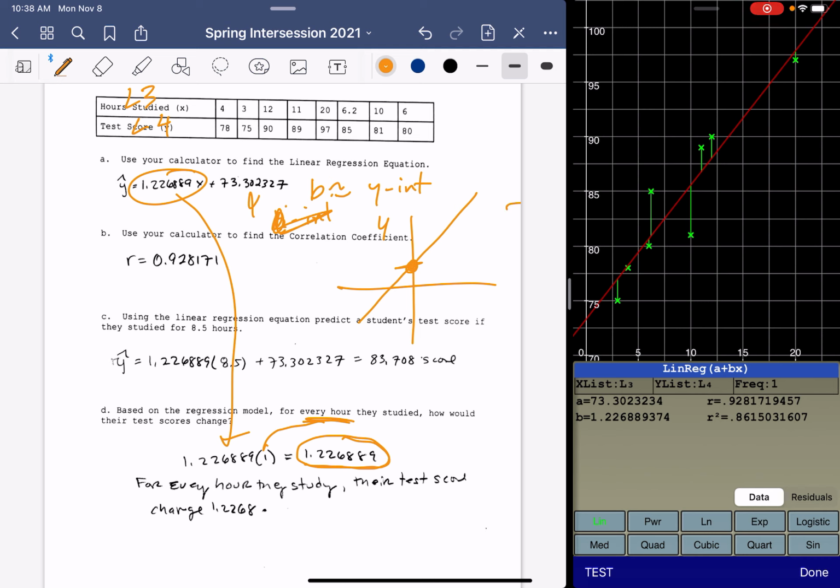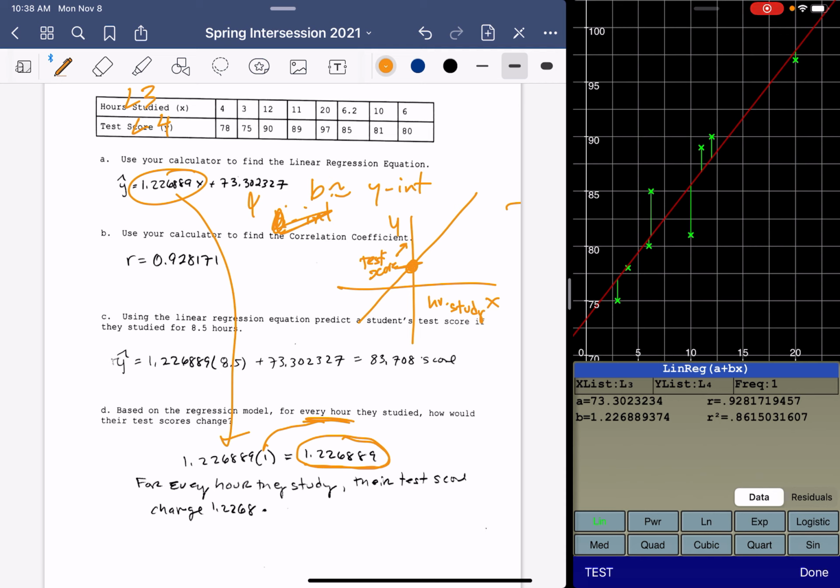If you look over here, this is X, this is Y, this is the hours studied, and this is the test scores. This particular axis, so this is Y.